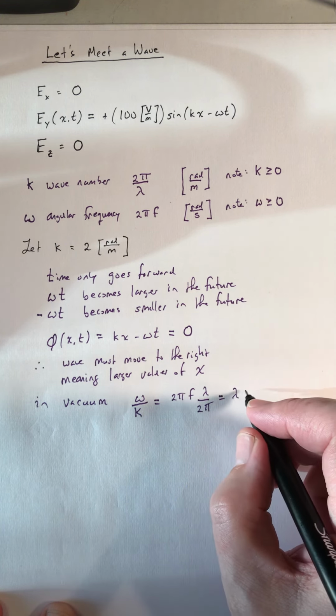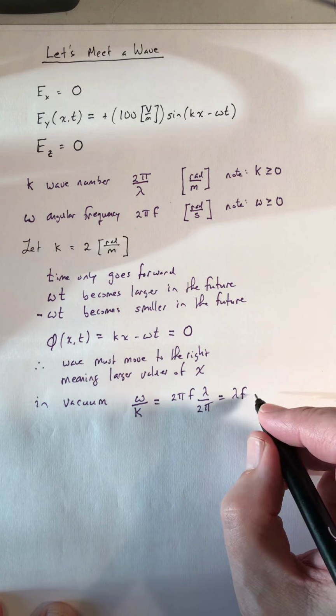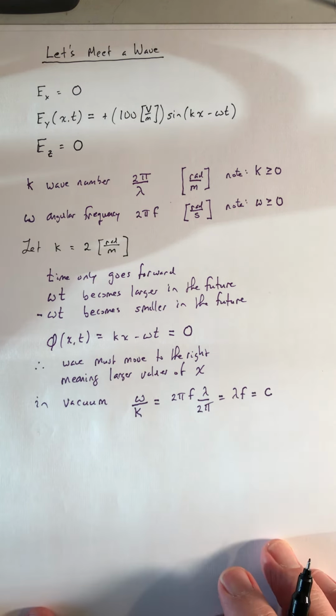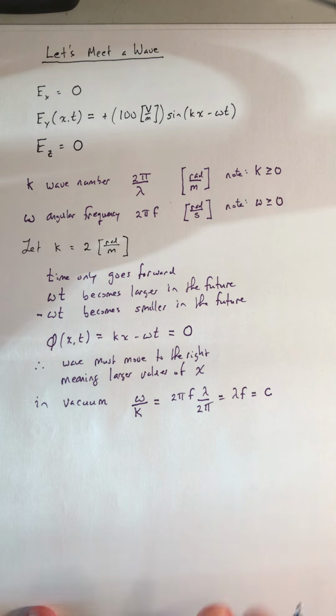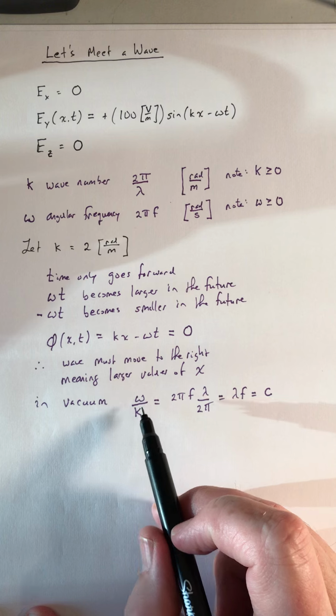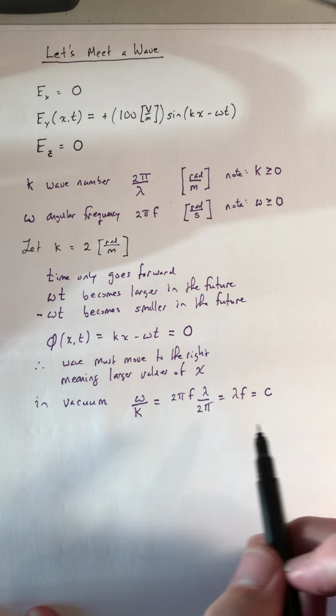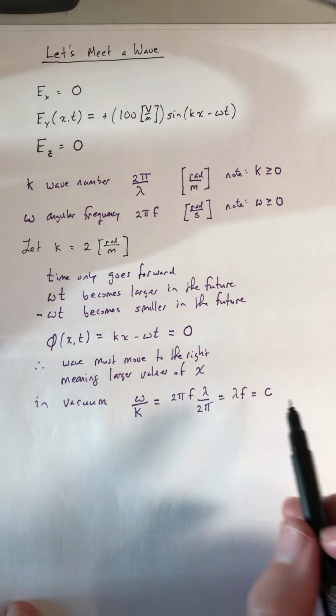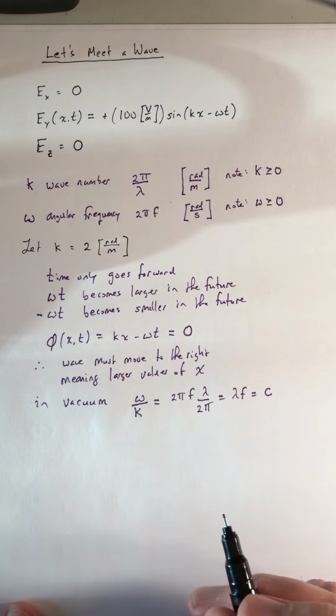It's going to give us just lambda f. We know that that is the speed of light in a vacuum, c. So angular frequency over wave number is going to be the speed of light. And if it wasn't in a vacuum, it would be the speed of light in that medium.